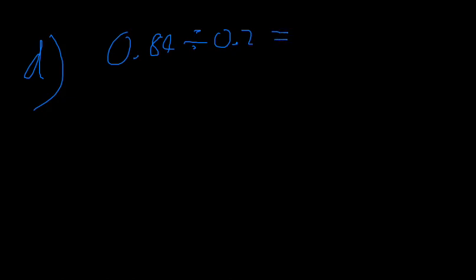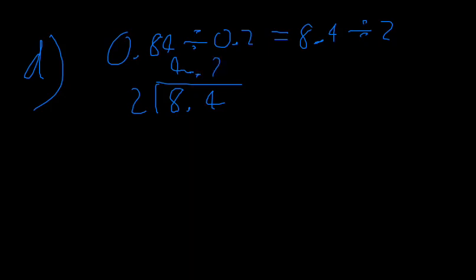So this is actually going to be equal to 8.4 divided by 2. Now we can do this like this. 2, we can put 8.4 here. How many times? 8 divided by 2 is 4. And then that would be 4.2. So that's the answer, equals 4.2.